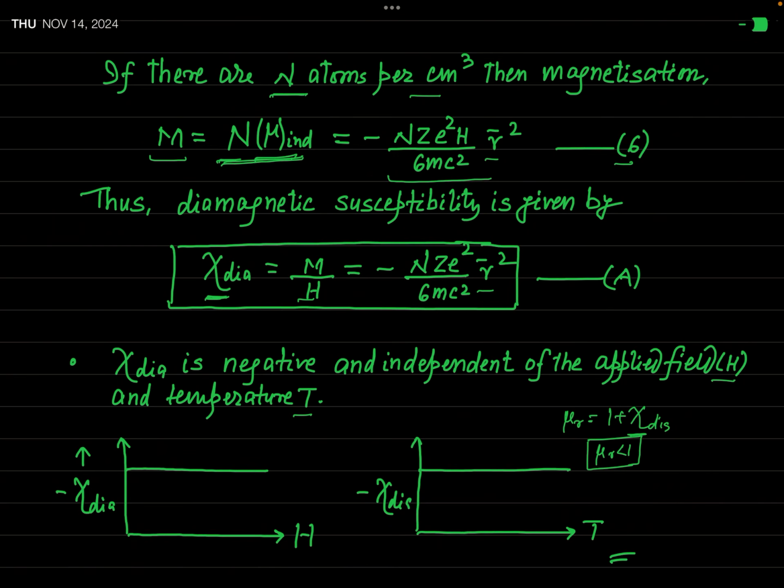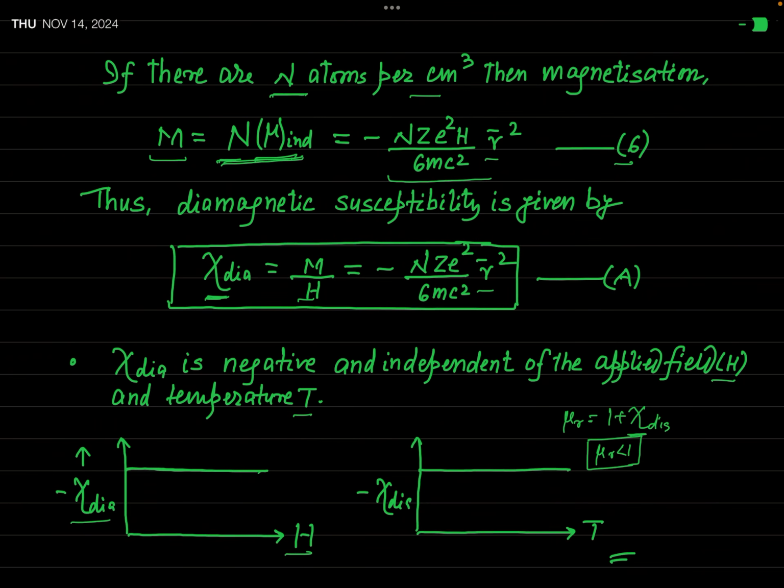Later on, when we study the paramagnetic material and the ferromagnetic material, you will see that their susceptibilities are actually temperature dependent and field dependent. But for diamagnetic material, its susceptibility is independent of the magnetic field and also of the temperature. So if you plot the negative value of this susceptibility against H, you will get a straight line just parallel to field H.